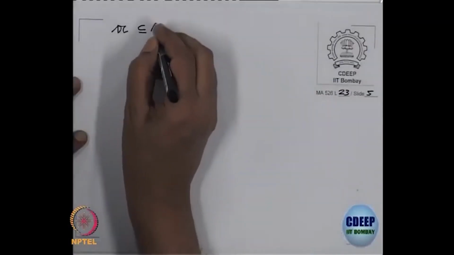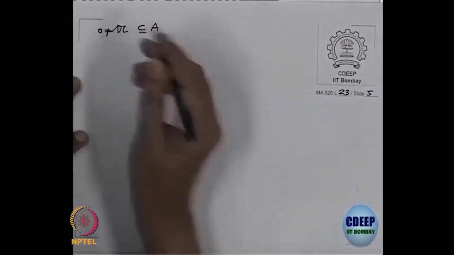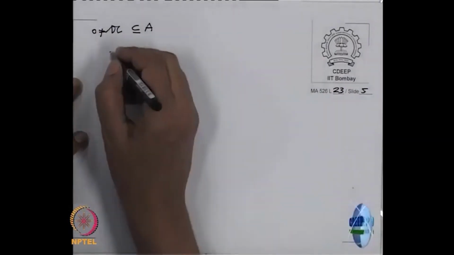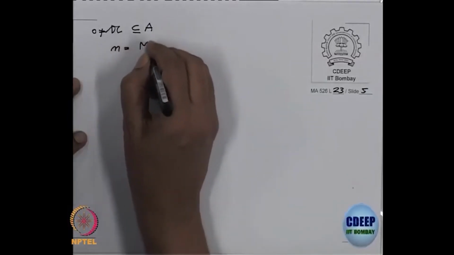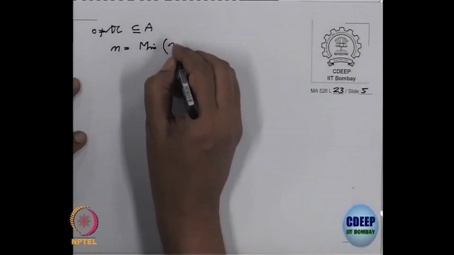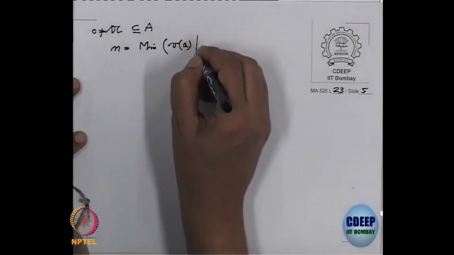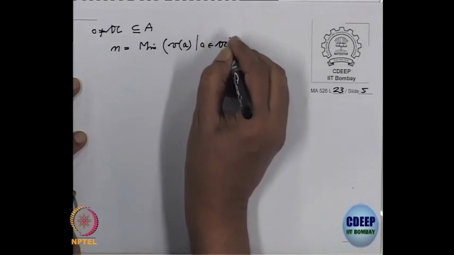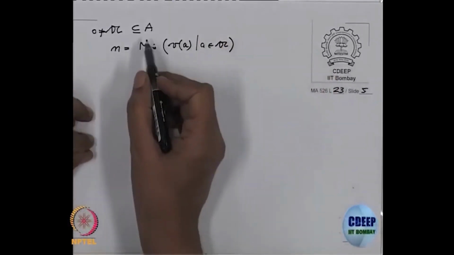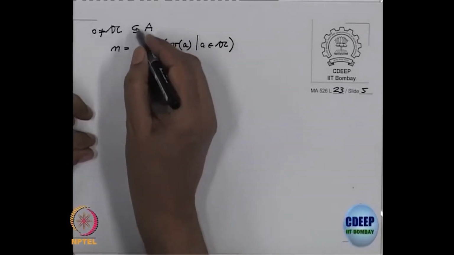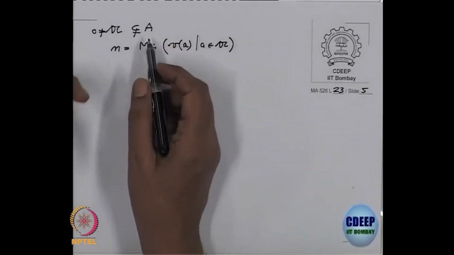Okay. So, take any non-zero ideal 𝔞 in A. I want to show it is principal. Now, let us take n equal to the minimum of all the values V(a), where a varies in 𝔞. Because we already showed that A is local and this is an ideal, we can also assume it is a proper ideal, because otherwise there is nothing to prove.